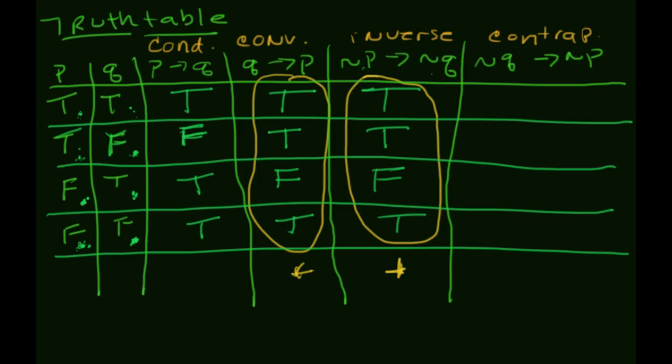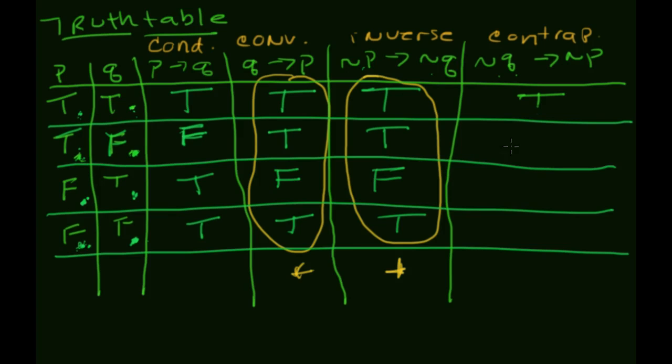All right, so let's play the game with the contrapositive. Not Q. So that's the opposite of true is false. If the hypothesis is false, the whole thing is true. Okay, so how about this one? Not Q. The opposite of false is true. Implies not P. The opposite of true is false.